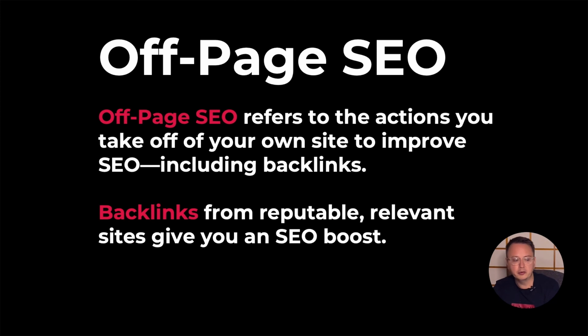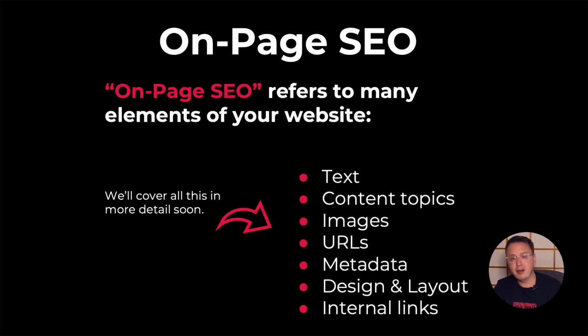Off-page SEO deals with the links pointing to your website from other sites online, and we learned that the more reputable links you have pointing to your website, the more your site has authority in Google's eyes, which is, again, great for SEO. Finally, we touched on on-page SEO, which refers to all of the ranking factors that relate to the content you create for your website. There's a lot more coming on this section in upcoming chapters of this video training course.